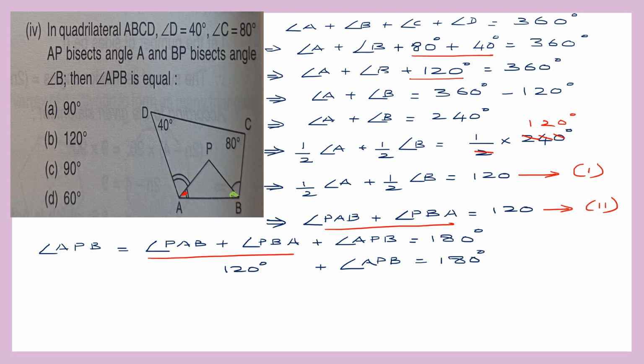I can say angle APB is equal to 180 degrees minus 120 degrees, which is 60 degrees. So this is our answer, 60 degrees, and that is option D, 60 degrees.